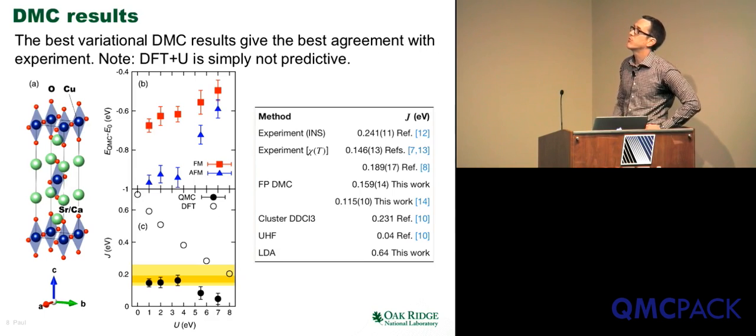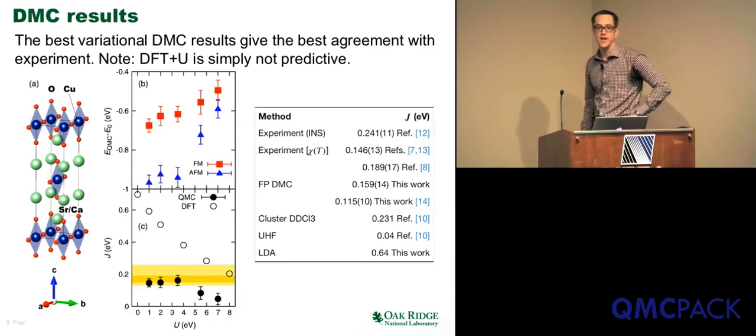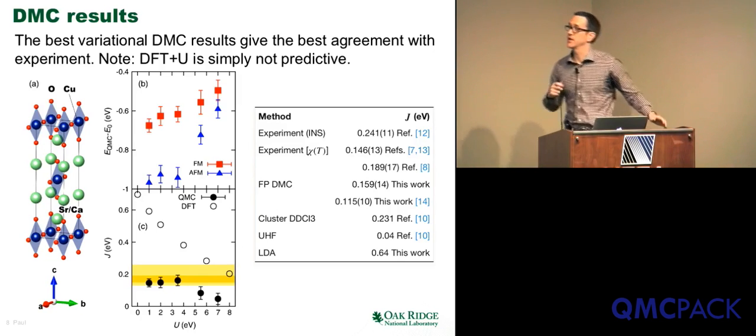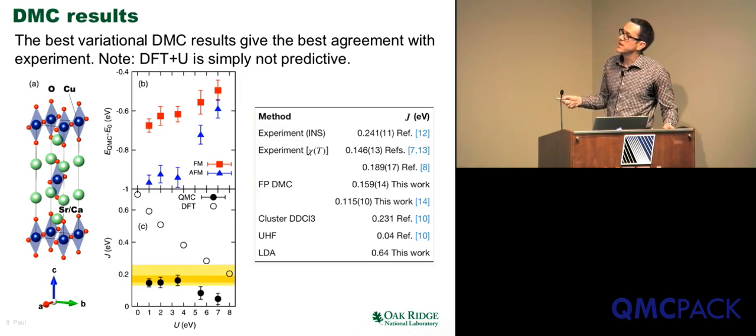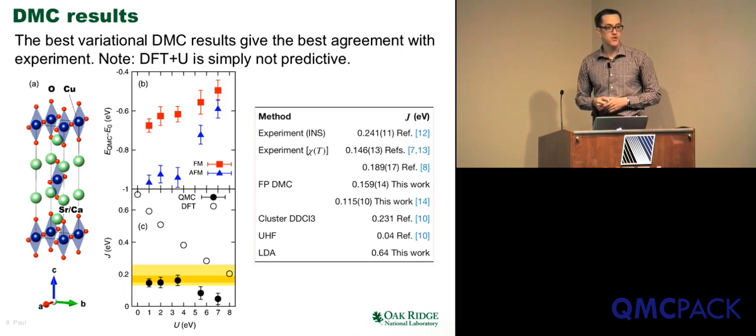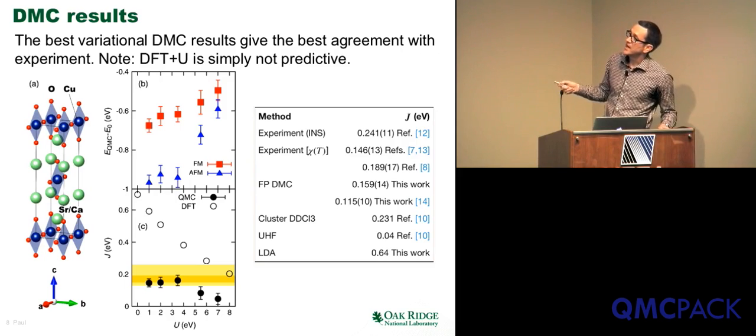And this U is our parameter scan for the quantum Monte Carlo calculations at least. And at the bottom here, I've got the exchange coupling. And these yellow bars indicate a couple of experiments and the uncertainty associated with them. And so by taking the difference between these energies, we get these calculated exchange couplings.